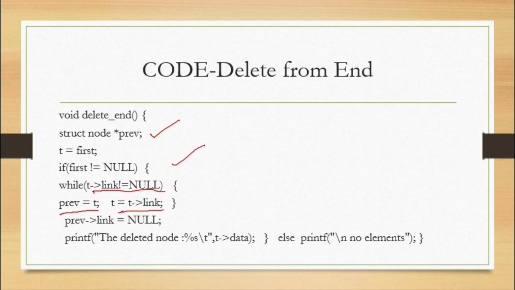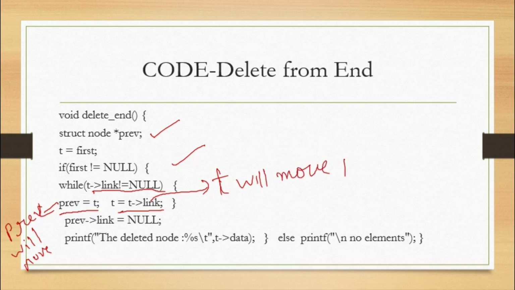When you do these two steps, the previous pointer will move forward, and t will move one step ahead of previous.